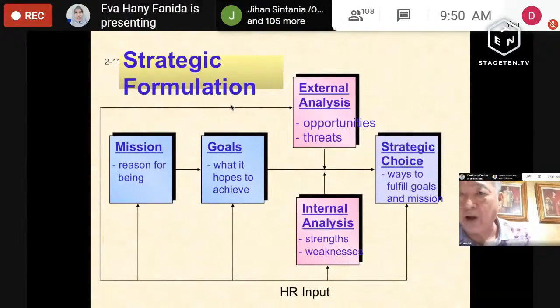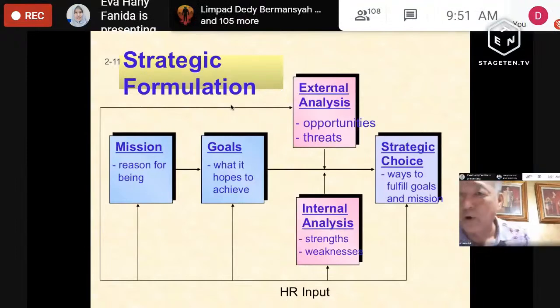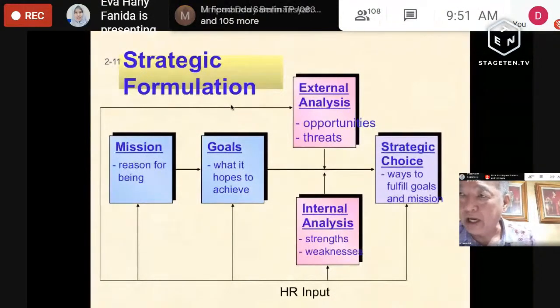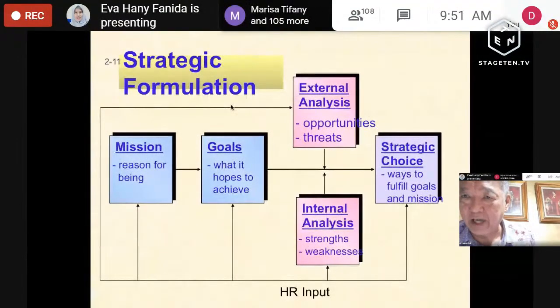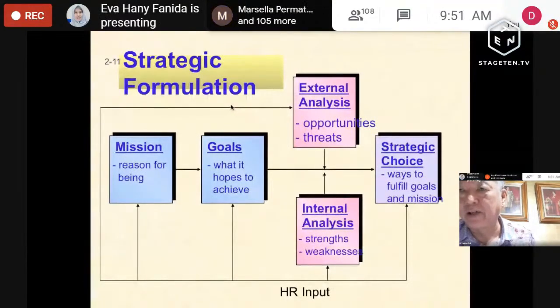It depends on the individual company, the leadership style of the executive, and also the participation of employees. For example, different companies might have different missions and goals, and they might evaluate external and internal analysis differently.